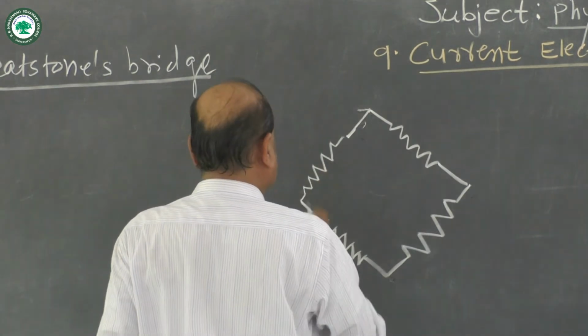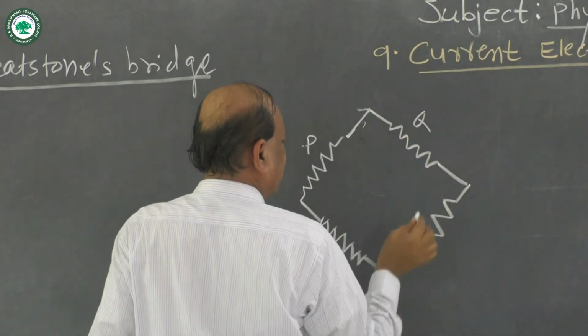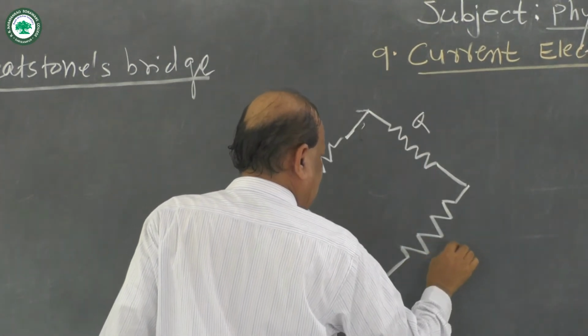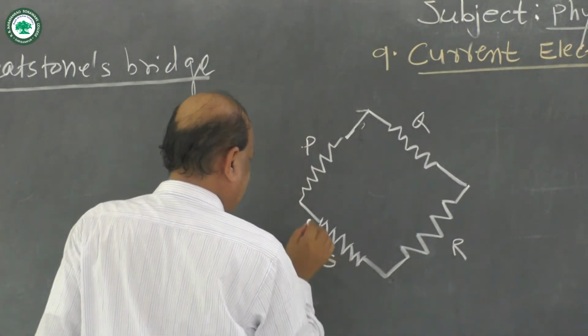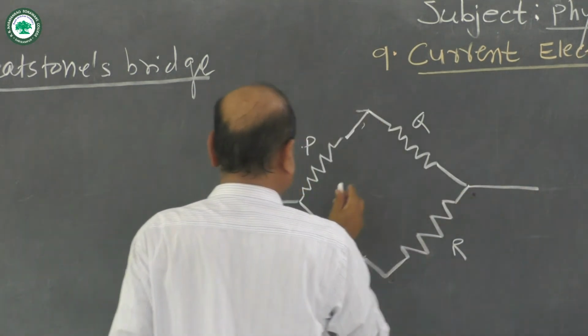These are the 4 resistors, P, Q, R and S, which form this bridge.